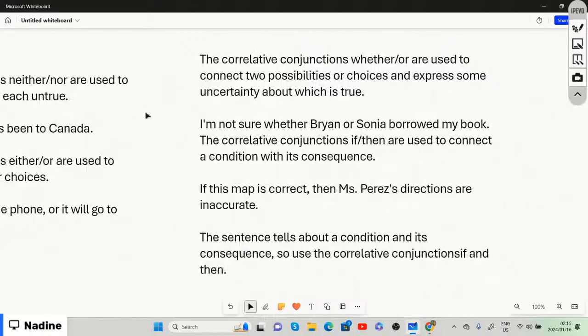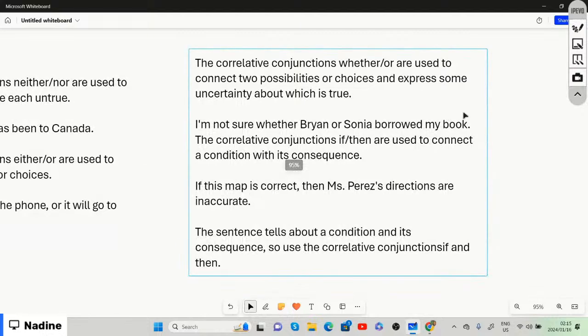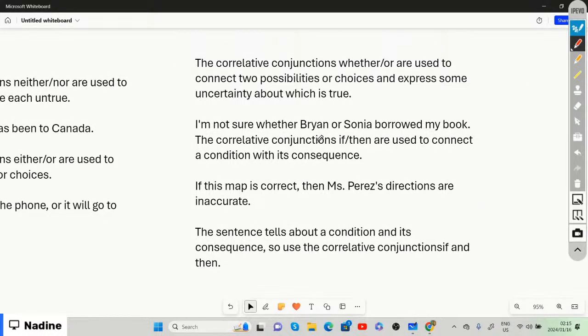And then we have the correlative conjunction whether or, and they are used to connect two possibilities or two choices and express some uncertainty about which is true.